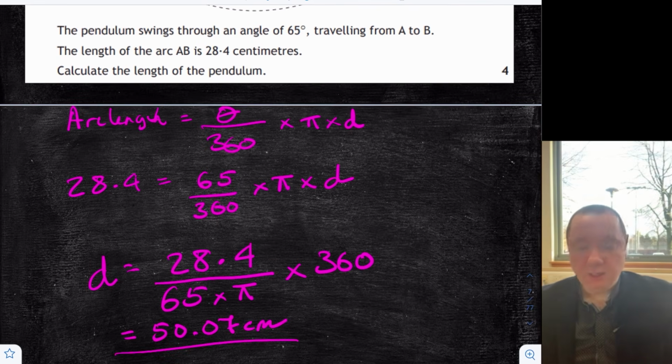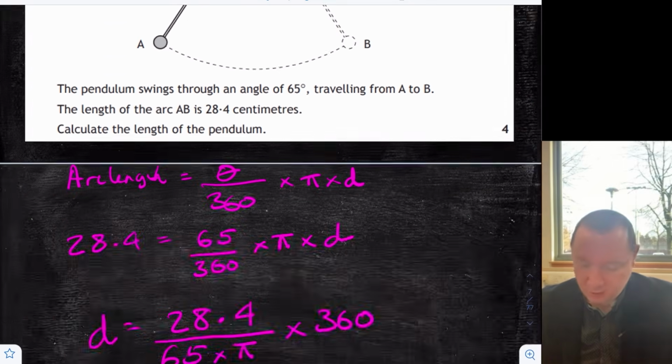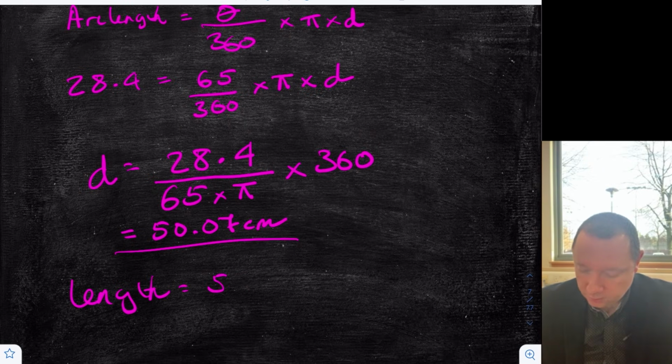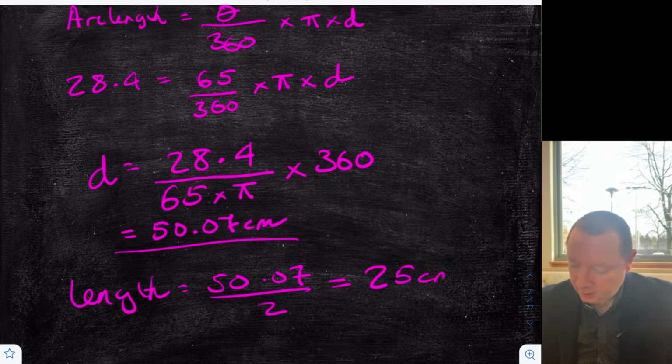Now, we'd usually be finished here for calculating the diameter, but it asks us to find the length of the arc, the length of the pendulum. Well, if that was to go all the way around, it would be a circle, and that would be a radius. So the length of the pendulum is half that. So our length is equal to 50.07 divided by 2, which to a reasonable degree of accuracy is 25 centimetres.